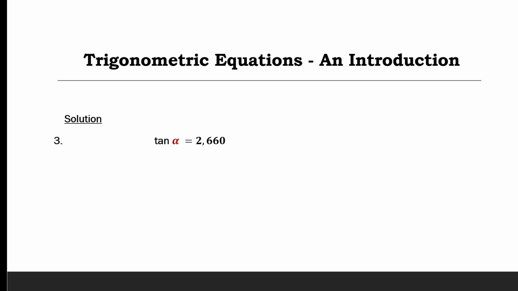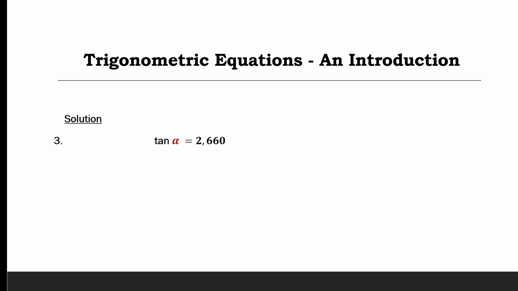Let us look at the third example. Tan alpha equals 2,660. In this case, the function tan is applied to angle alpha, but in solving, we are looking for alpha.